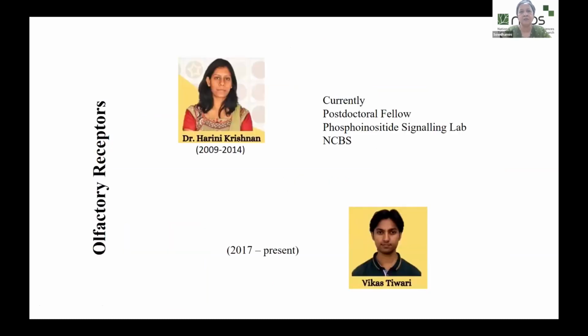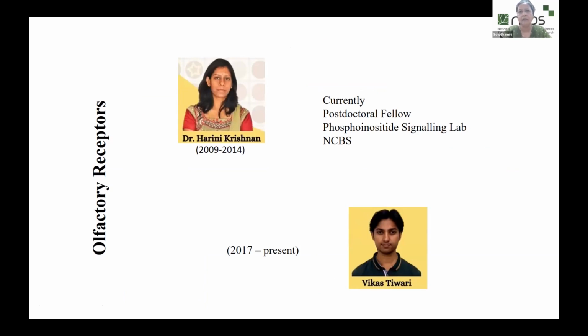And the second story was on olfactory receptors. The mammalian olfactory receptor part was presented by Dr. Harini Krishnan, who's currently a postdoctoral fellow in Raghupathy Yedhu's lab. And the second part of the second story, on the insect olfactory receptors, was presented by Vikas Tiwari again, who is currently a PhD student in our lab.